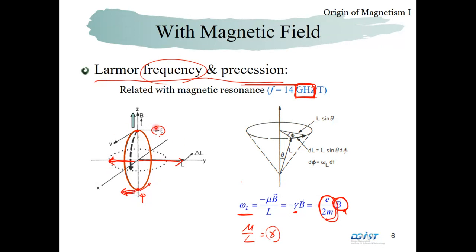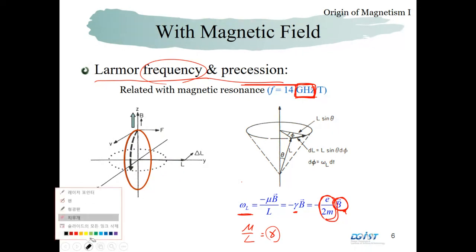You mean this one? Okay. This cartoon is quite good for understanding the details. Just a moment. Okay, so in order to understand this cartoon, this red circle means the motion of the electron, and as a result, we have a finite L here.